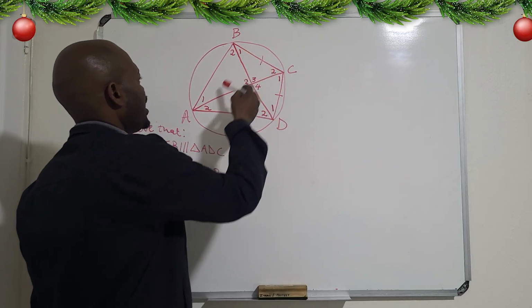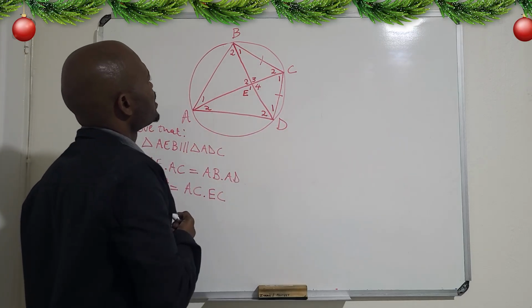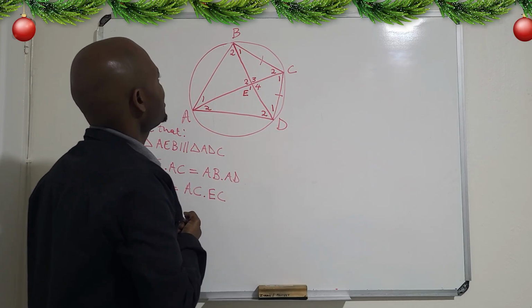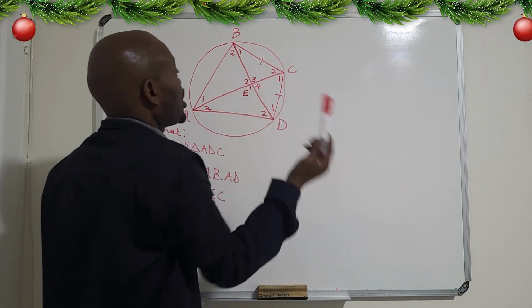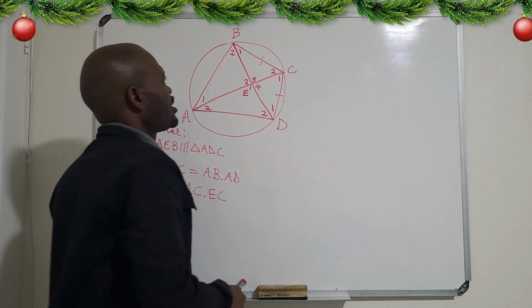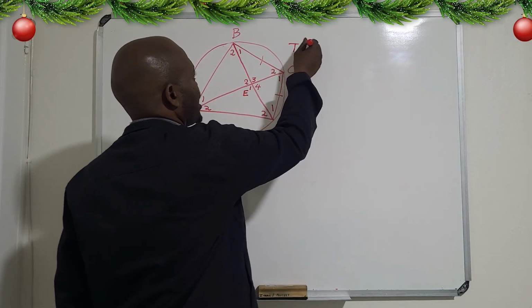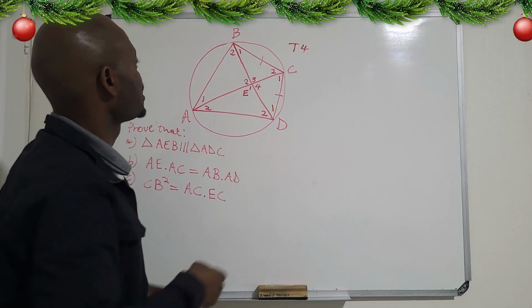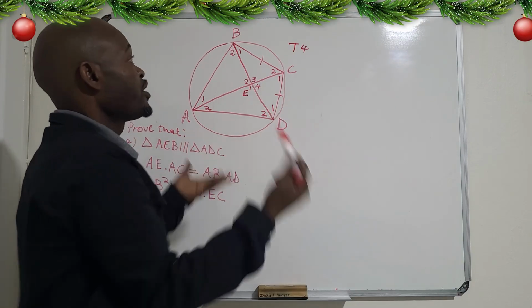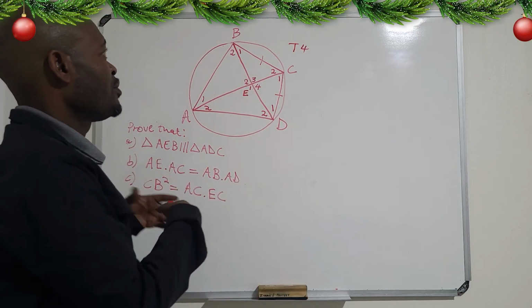But you can see there and there, theorem number 4 is there. You can see again there and there, theorem number 4 is there. So theorem number 4, I can take it that it is there. Now theorem number 5, this is a cyclic quad. We might use all the theorems in this problem, or we might not.